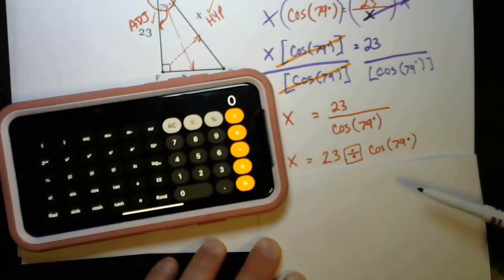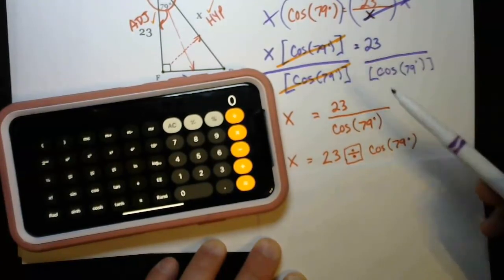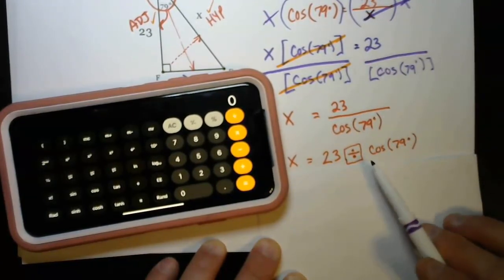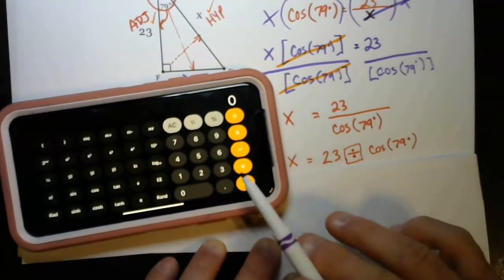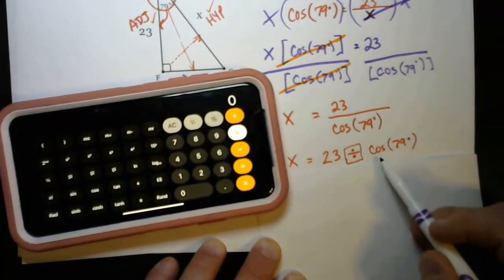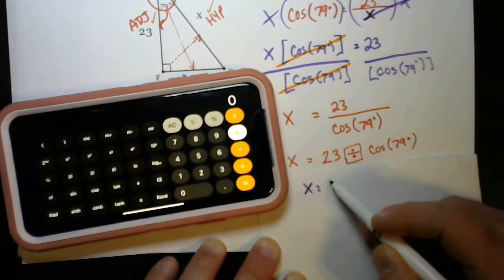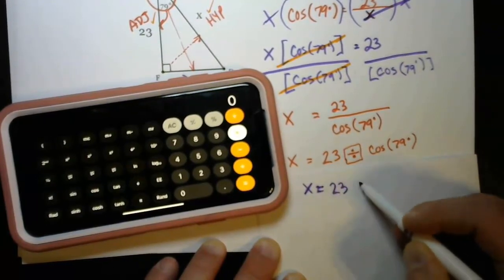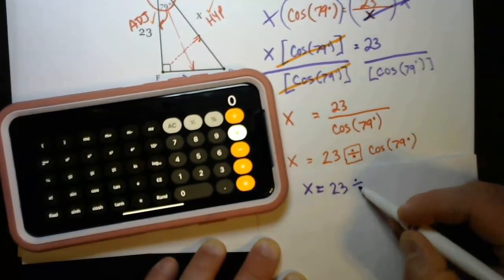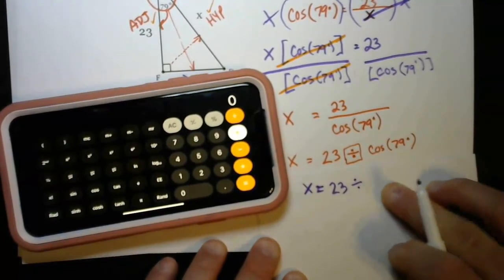Going back to this step with our iPhone calculator, because the hard part's up here, the algebra. Down here we have x equals 23 divided by cosine of 79. Let's first get, for the iPhone calculator, let's make this cosine of 79 some number and convert it to a decimal.